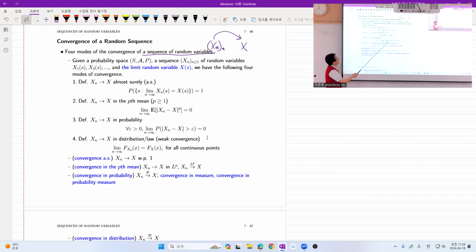Got it? And convergence in the p-th mean means this one. Why? Because before we had something like this. Now, this is changed to what? The sample space.